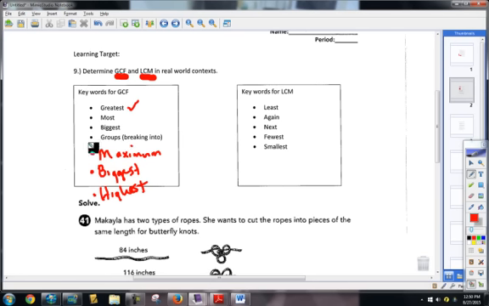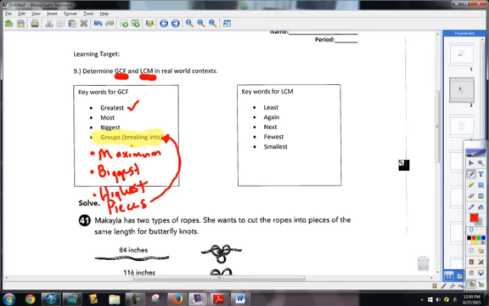The other one I want to pay special attention to is anytime you're taking something and breaking it into groups or into pieces. So I want to add pieces on there too. I'll draw an arrow to this, like you're breaking it into pieces.